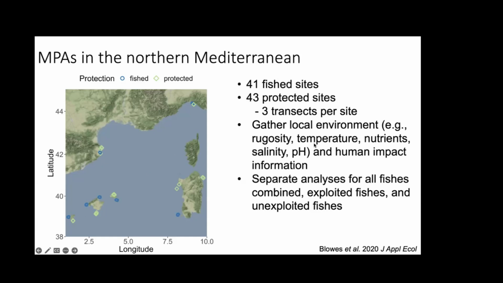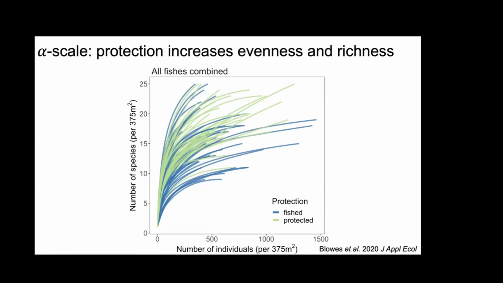We have 3 transects. And in order to try to adjust for any other variation, I also gathered some additional environmental information, but I really don't want to get into that today. I really want to emphasize these components and the scale dependence of what we were able to do.